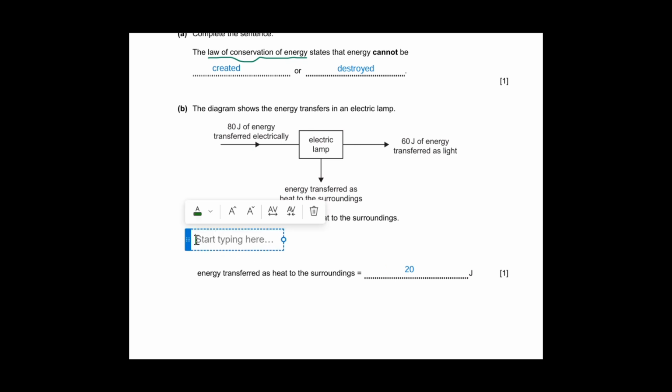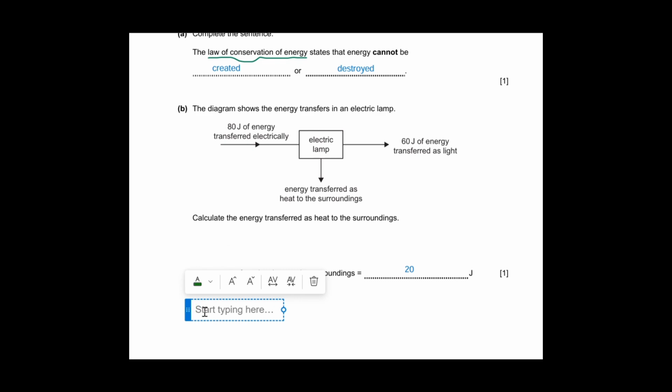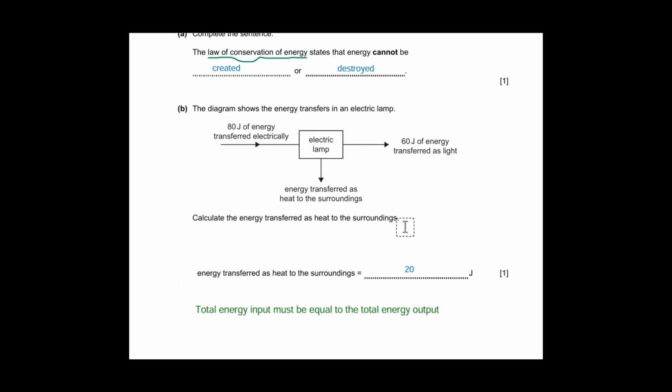Let me just keep it down somewhere here. Total energy input must be, not may be, equal to the total energy output. So please let's try to remember this. If that is the case, let's look at the diagram we have here. The total energy input here is 80.